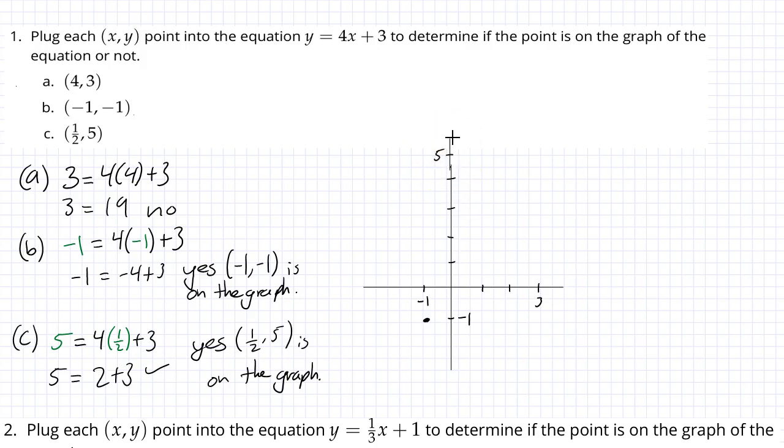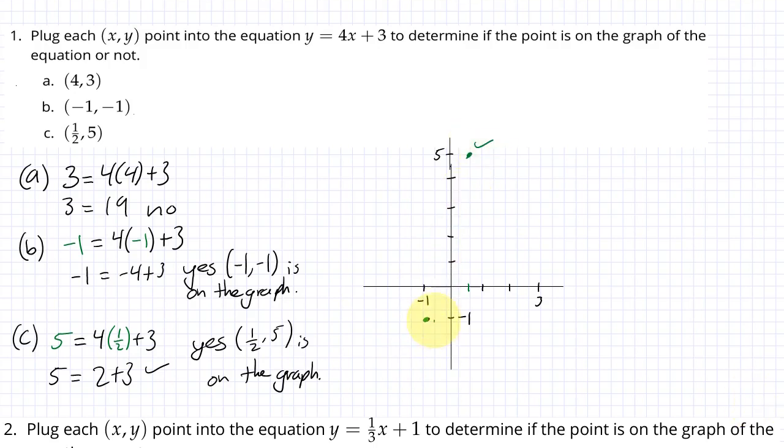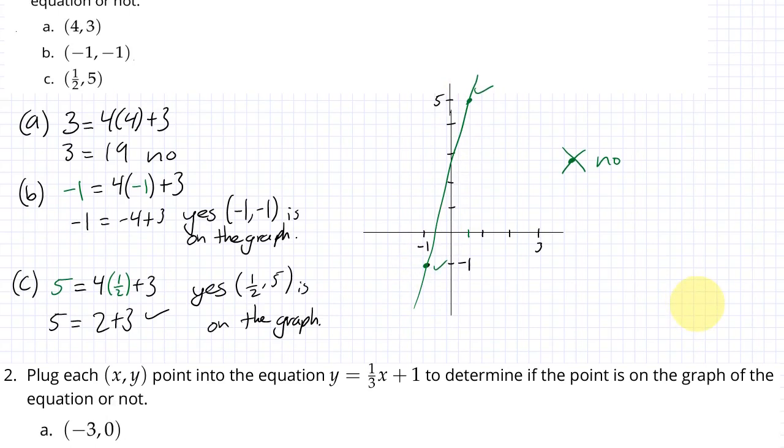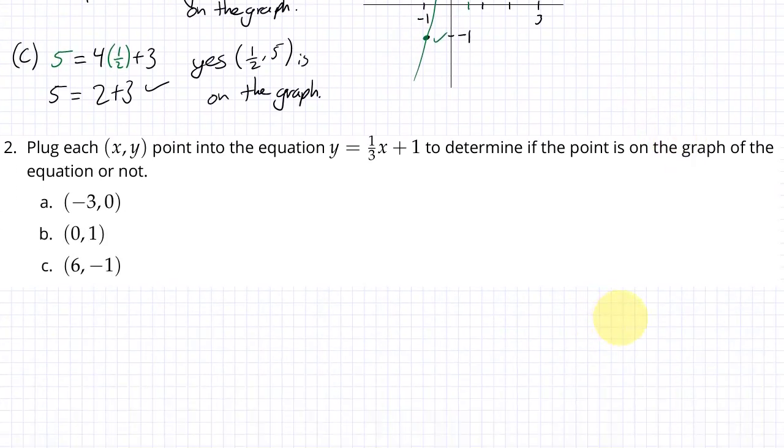The graph's not perfect. Anyways, 1/2, 5 should be about here. And so it's got that point, it's got that point. If you draw a line through those points, you're probably going to get the graph. But then 4, 3 would be about over here somewhere, and that one is not on the graph. So the graph is probably a line that goes through those points. Anyways, that's what that's about.